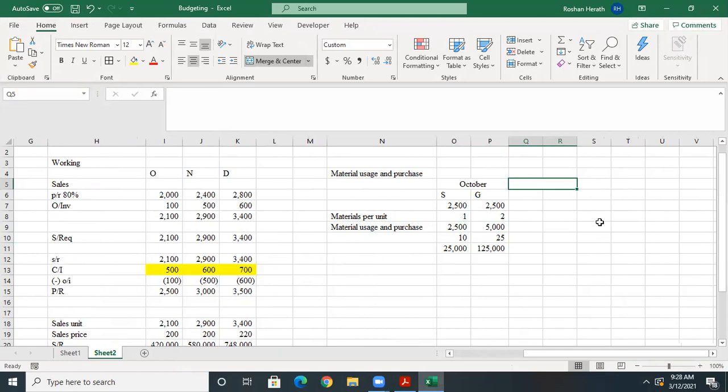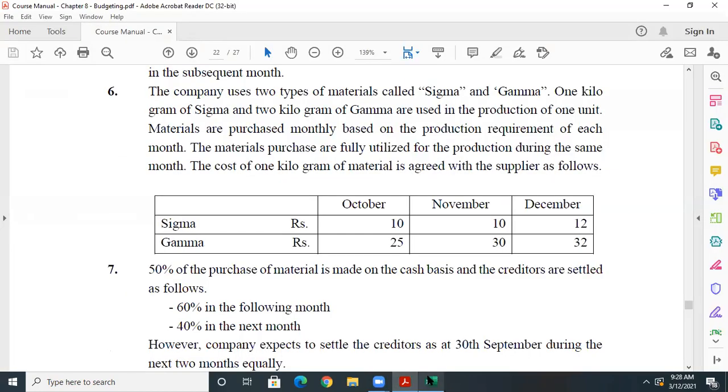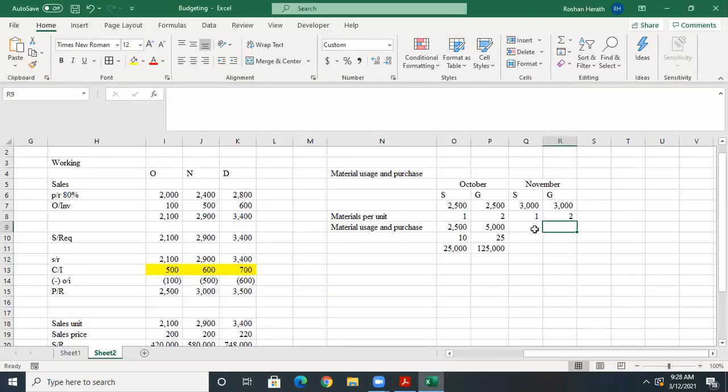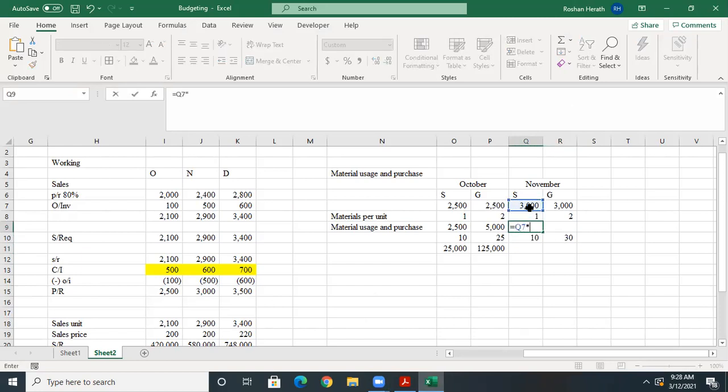It's for the November. For the November, you can take the sigma and gamma. So the production requirement is 3000 units. It takes 1 and 2, but the cost is going to be different. It's 10 and 30. 3000 and 6000.